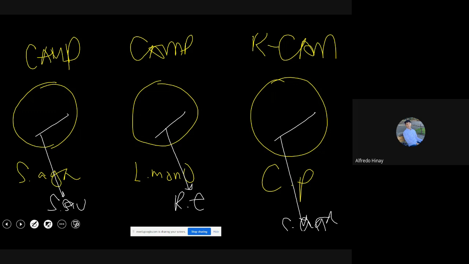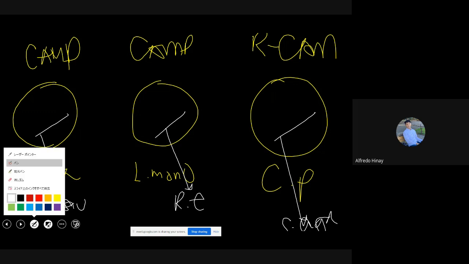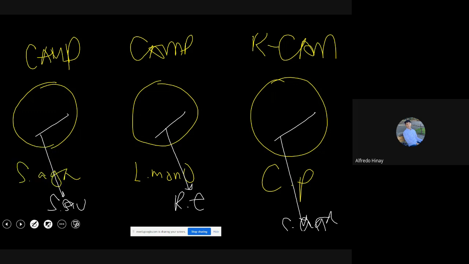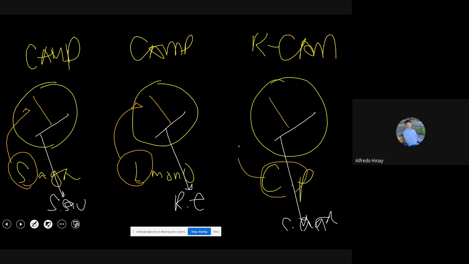Okay? Tapos, yung organism naman natin here, class, is your S. agalactiae. Yung organism naman natin here is your Listeria monocytogenes. Tapos, you have your Clostridium perfringens as this organism.